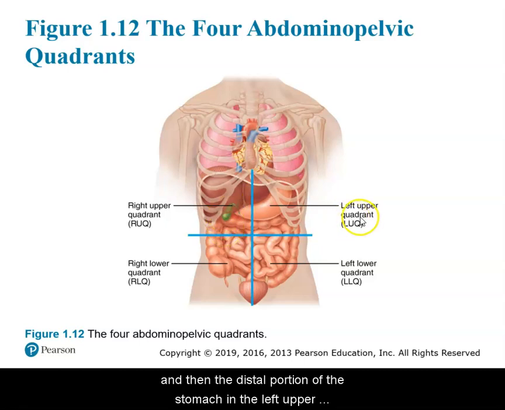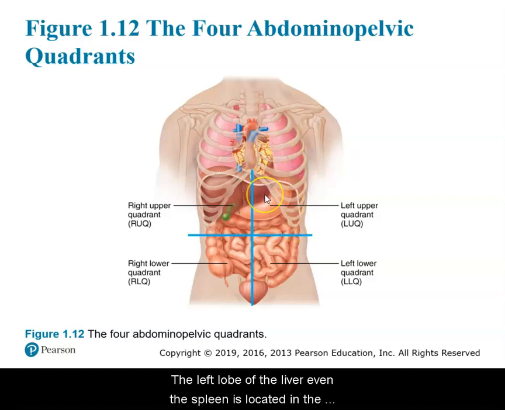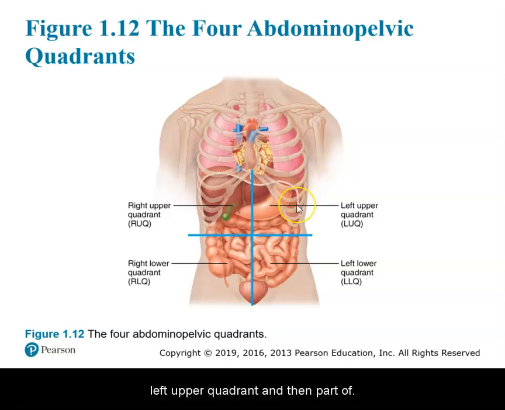In the left upper quadrant, we can see most of the body as well as the fundus of the stomach, the left lobe of the liver, even the spleen, and part of the transverse colon. And in the left lower quadrant, we can see the distal portions of the large intestine as well as a lot of the small intestine.